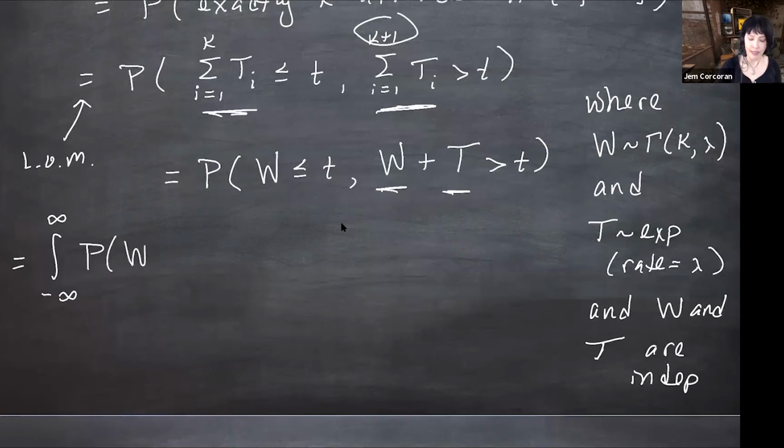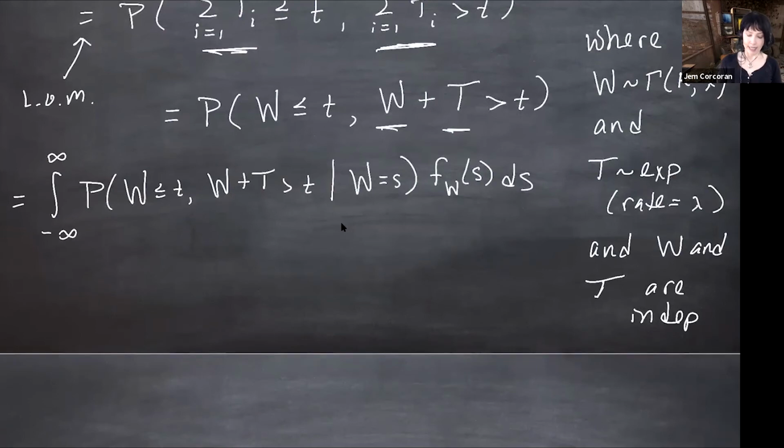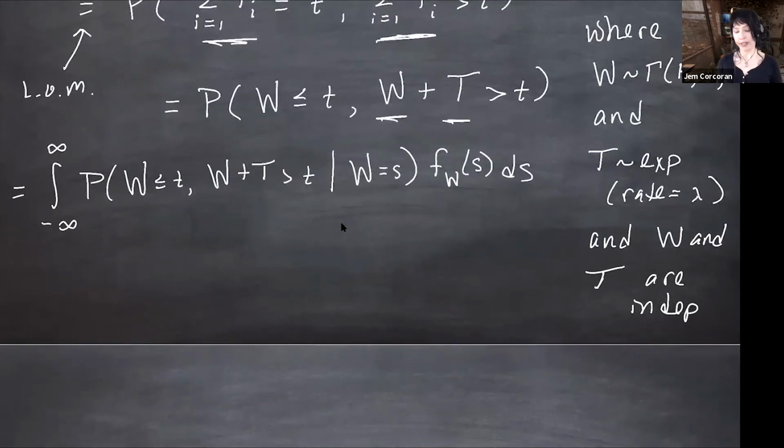The probability that W is less than or equal to t, W plus T is greater than t, given W is s, times the PDF for W at s ds. I know you probably want to condition on the T because it has a simpler PDF, but if you condition on the T, after we simplify this, the thing that you're left with is going to be hard to write down. So let's start simplifying this.